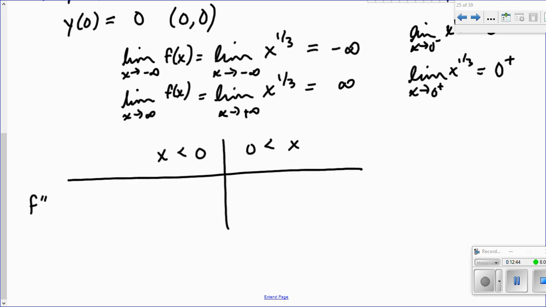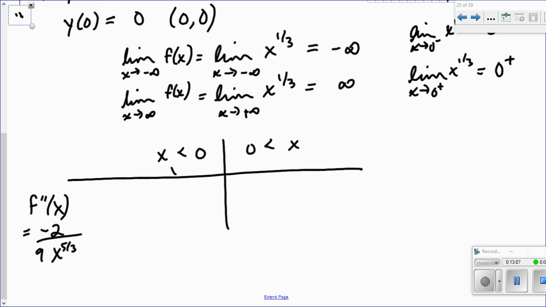Let's take a look at the second derivative of my function, negative 2 over 9 x to the 5 over 3, and I need a negative value in here.